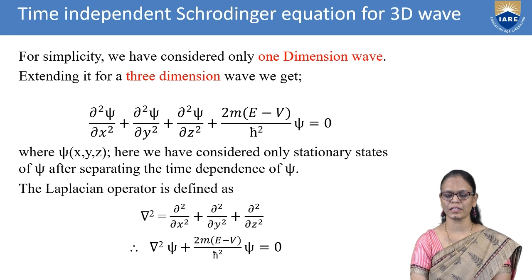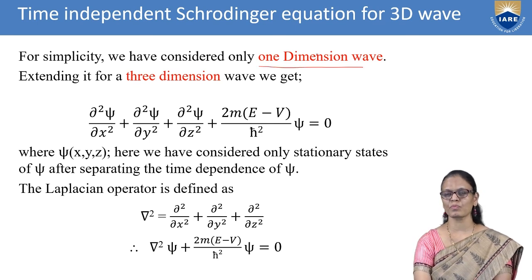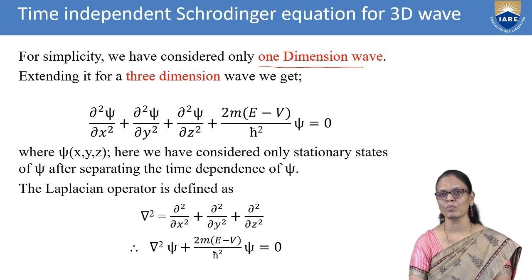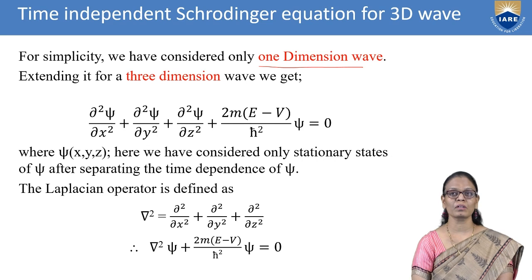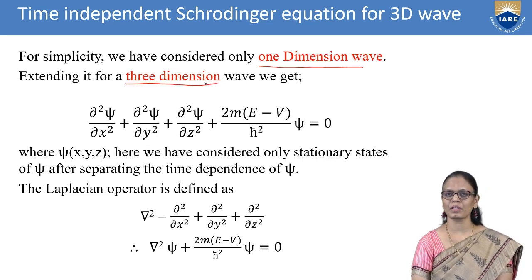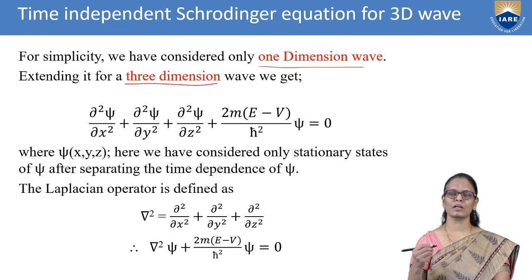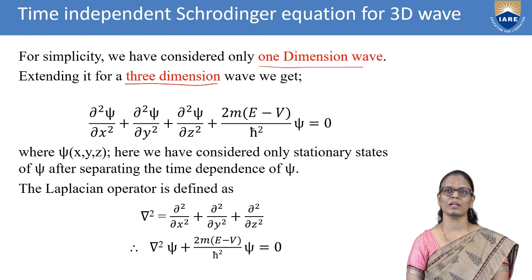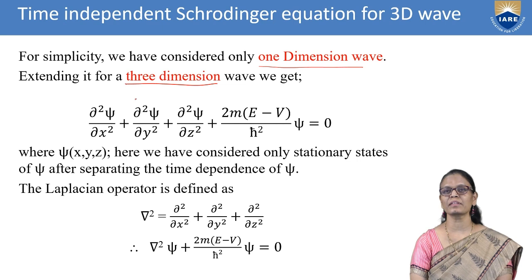Now for simplicity, we have considered only one dimension. Whatever equation we have considered is only in one dimension. But in actual, it may not be a one-dimensional wave. It can be three-dimensional, because when we are talking about an electron that is moving in an atom, it is definitely in three dimensions.